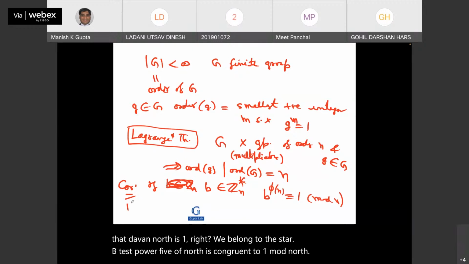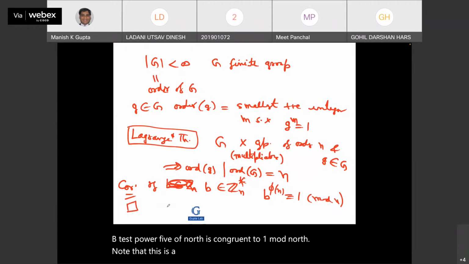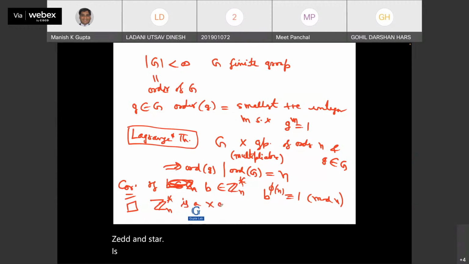Now note that this is a result of a very simple thing: Zn star is a multiplicative group of order phi of n, because that is by definition.